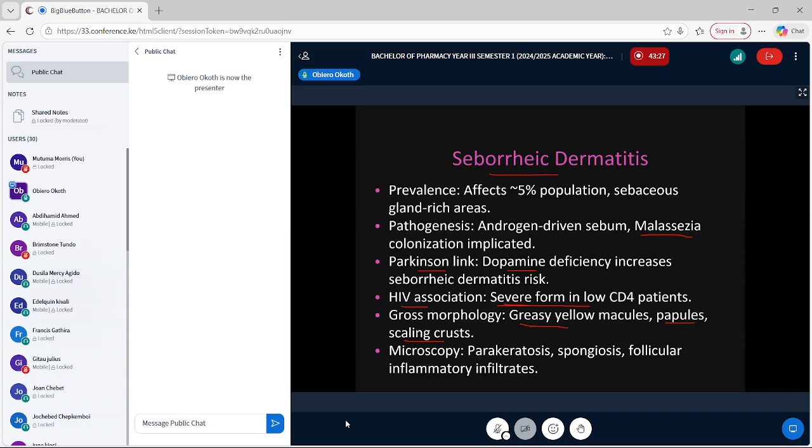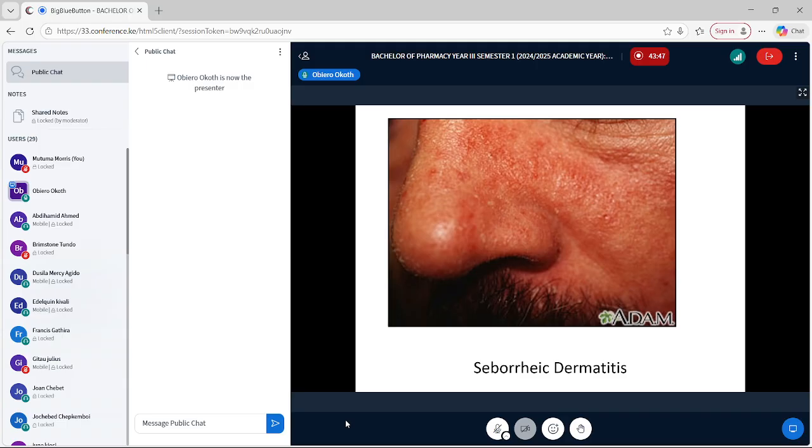The severe form is crusting papules around the sebaceous gland-rich areas. Erythematous macules, papules, and there's a bit of crusting. It looks the same as any other lesions we have discussed. Again, John will actually show you this.